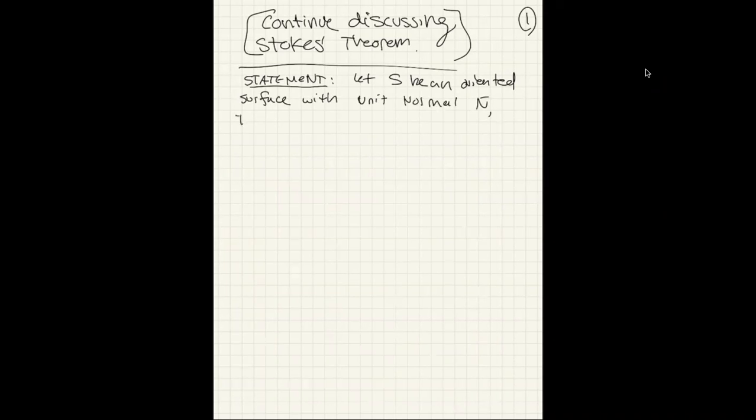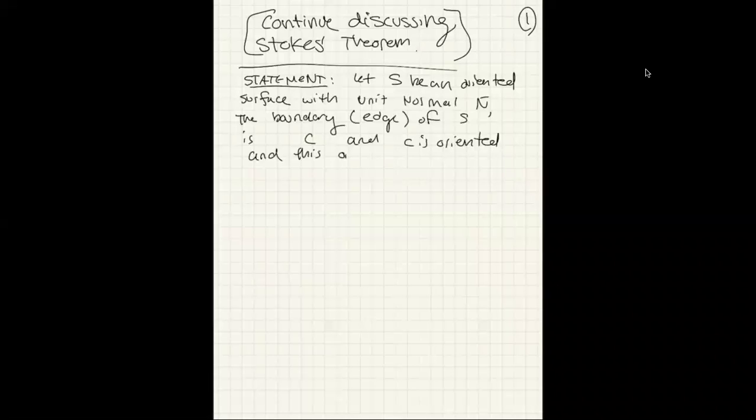The boundary just means the edge of S is C, and C is oriented, and this orientation agrees with the orientation of S. We're going to go into that a little bit more today.